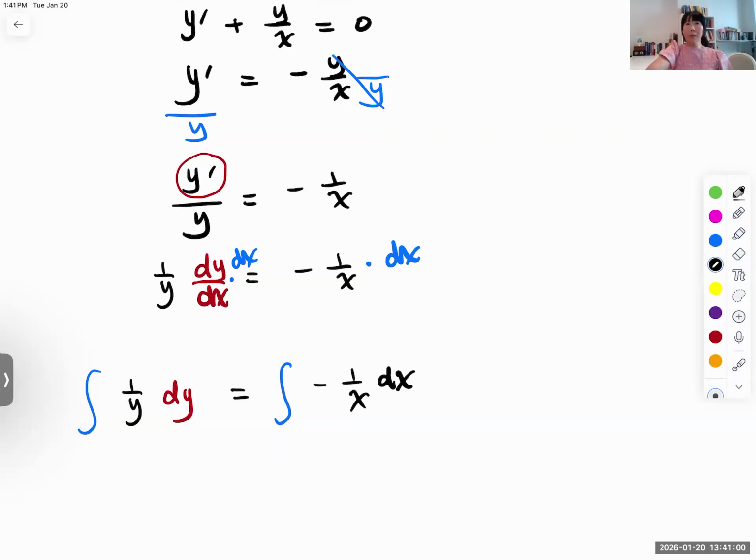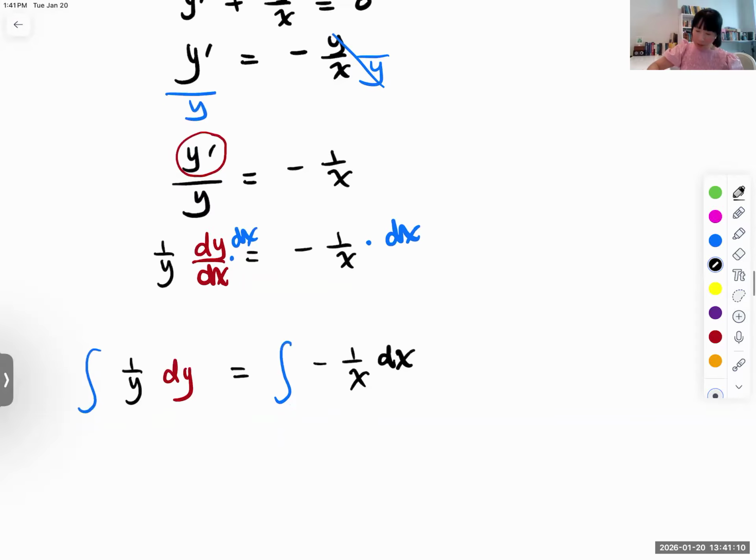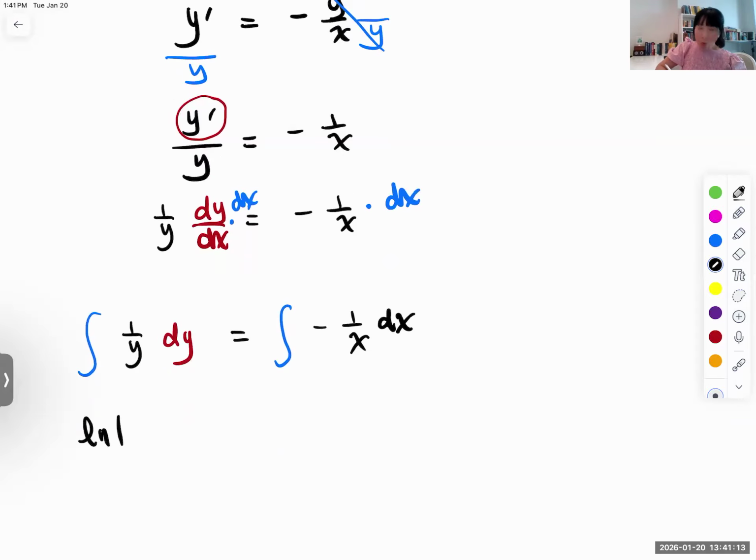What do you get on the left side? So natural log with the absolute value of y, right? Equal to. Okay. Now, what about the right side? We have the same, right?